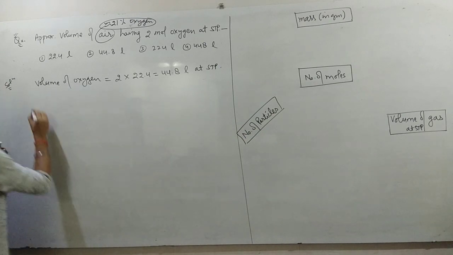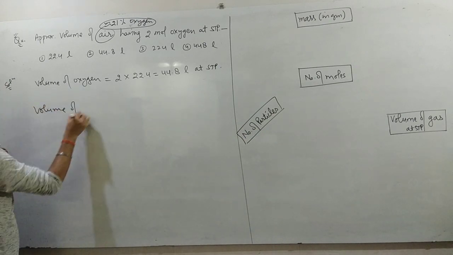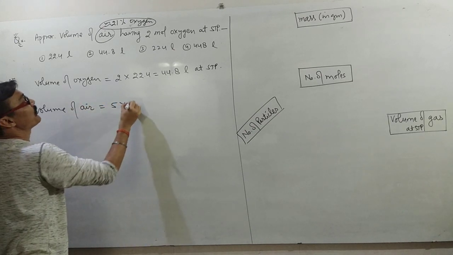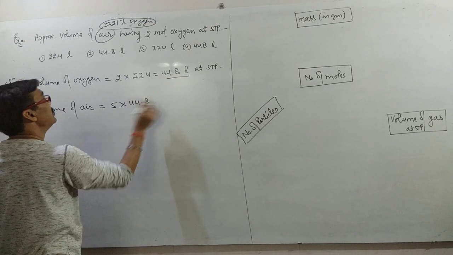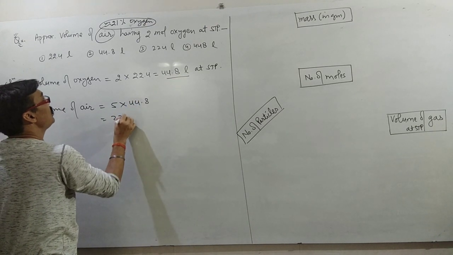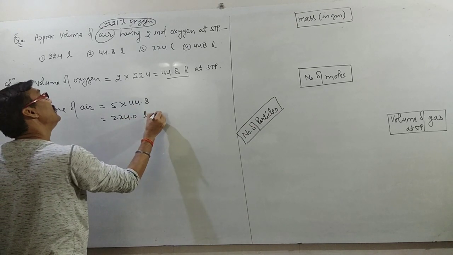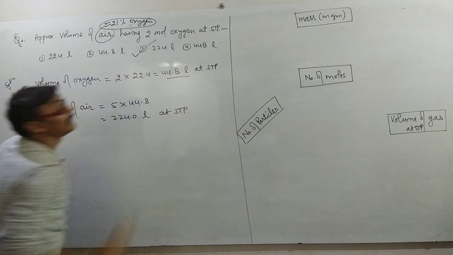That is why the volume of air, which is asked in this question, is equal to 5 times the volume of oxygen, 44.8, that is 224.0 liter at STP. So your answer will be 224.